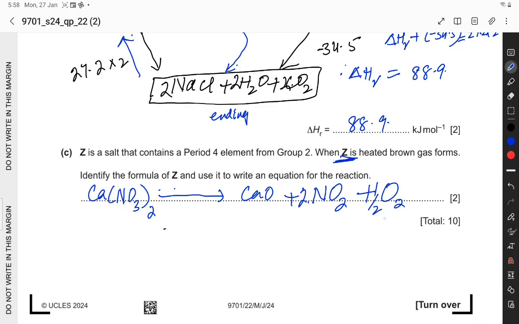So this is oxygen gas, and this nitrogen dioxide is also a gas. This is solid and this is solid. Period 4 from group 2: calcium is period 4 and group 2.